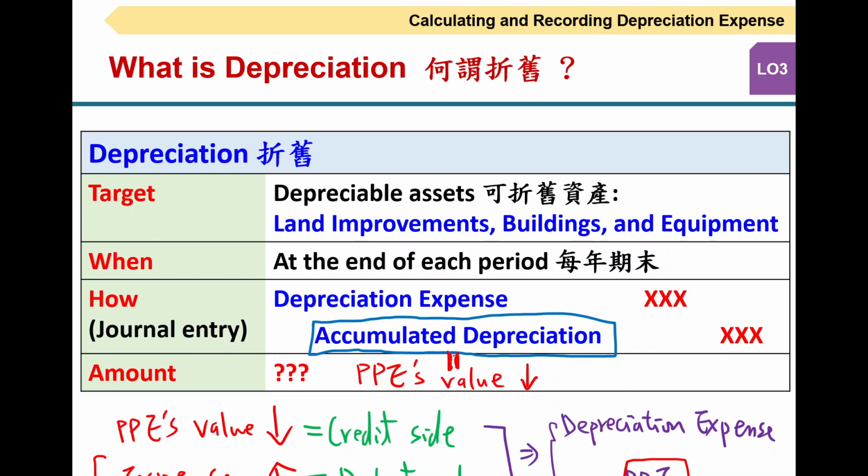Okay? Any questions? So this is the journal entry we use to describe your PPE's value decrease. At the same time, your expenses increase. Accumulated depreciation 累积折旧. Okay, any questions?